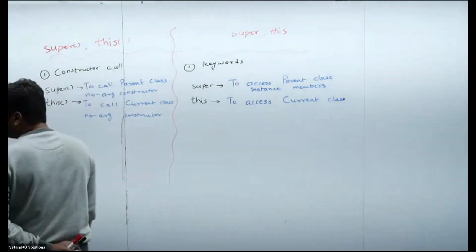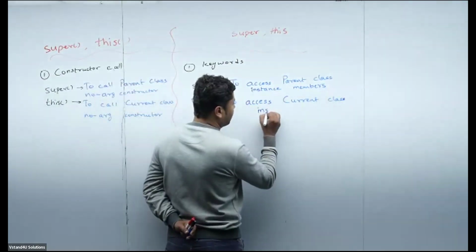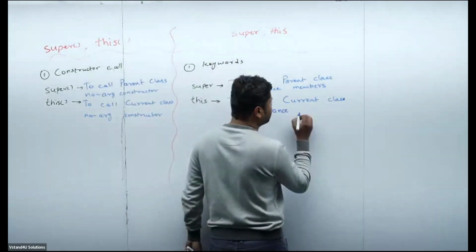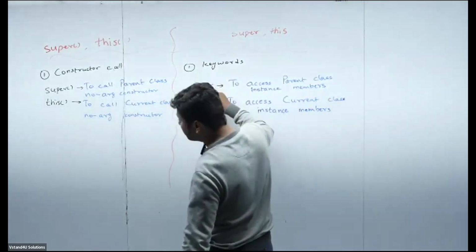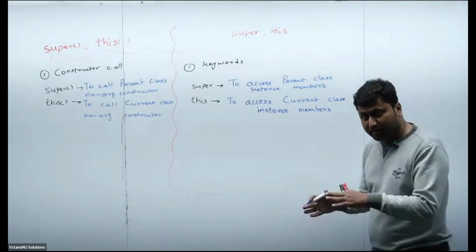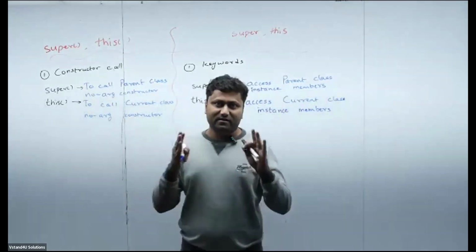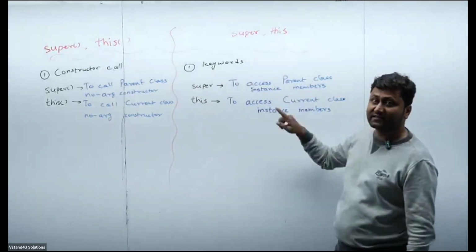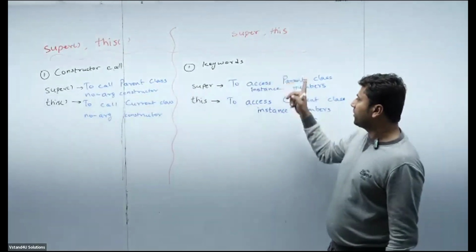Current class object, we would say instance members, right? The terminology is to say instance members. So the super keyword or this keyword is meant for accessing the instance members. This for current class, super for parent class.